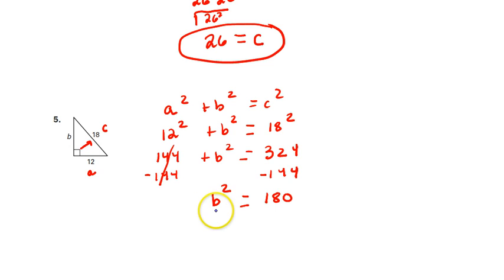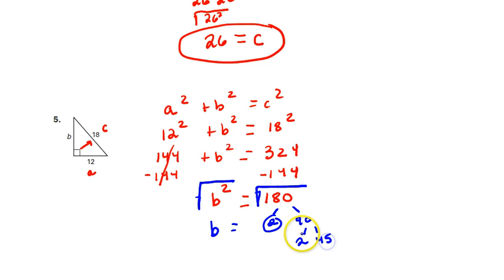Now, how do I undo b squared? Well, the inverse operation is to find the square root. So over here I'm going to have b, and I need to break this down or simplify it. So I'm going to factor it out. 2 times 90, that's prime. 2 times 45, that's prime.